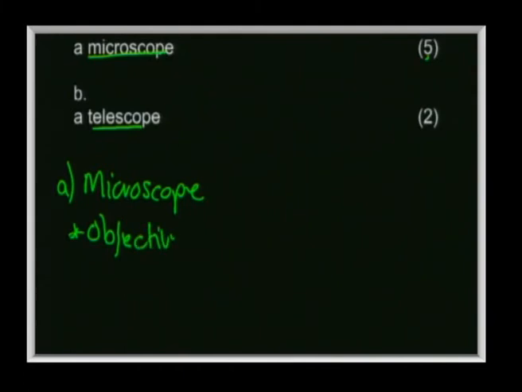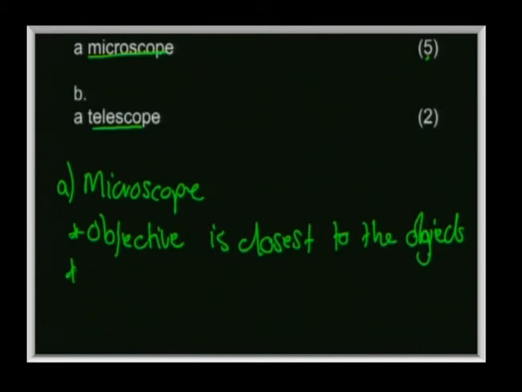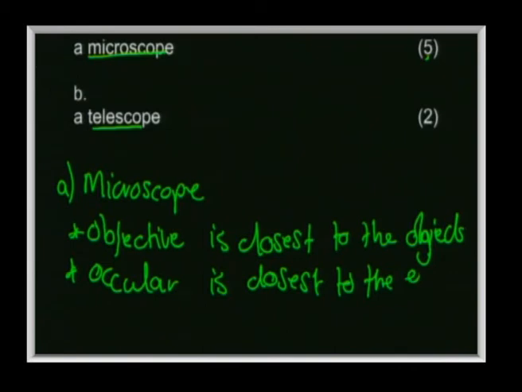The objective is closest to the object. The ocular is closest to the eye. So that's going to be the eyepiece through which you look. Third point over here.